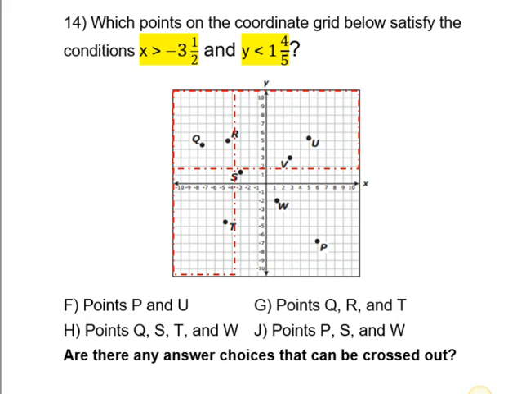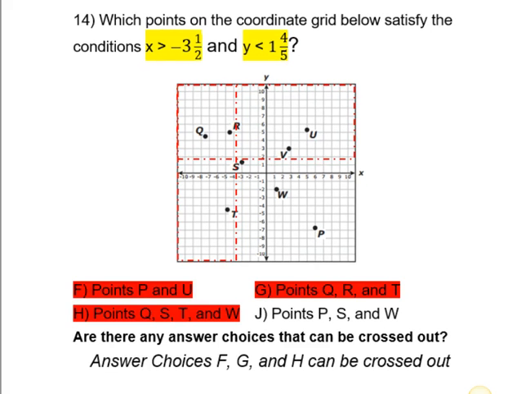Okay, in looking at these points and looking at our answer choices, are there any answer choices we can cross out, or if you can get the right answer? If you said we could cross out answer choices F, G, and H, you are correct.